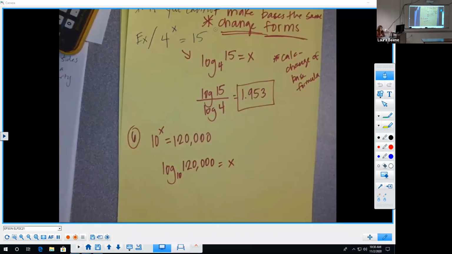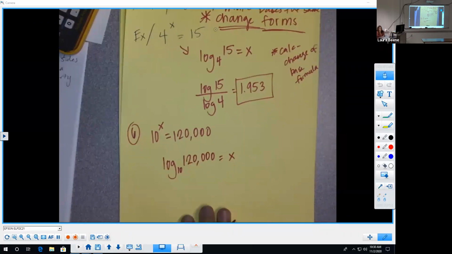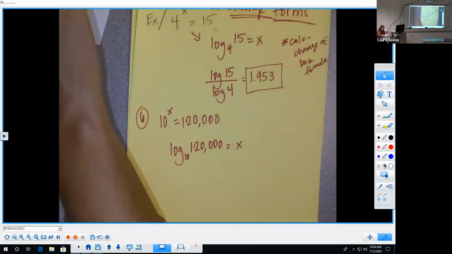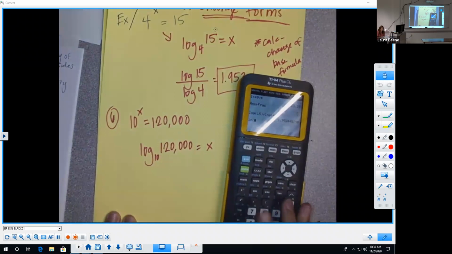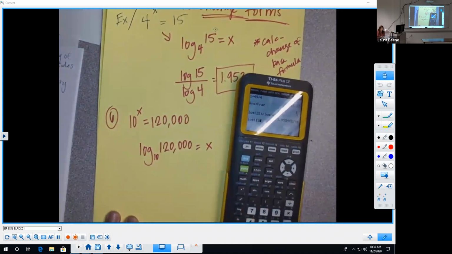And that's pretty nice because can't I just type that on my calculator now? Because it's base 10, you just find the log of 120,000. And I got 5.079.